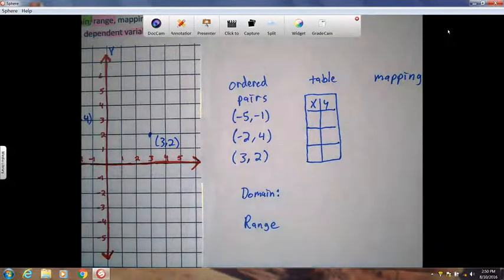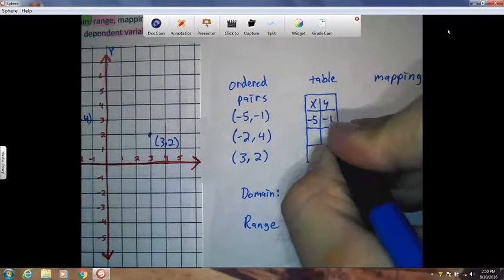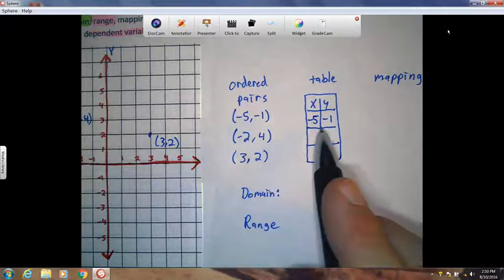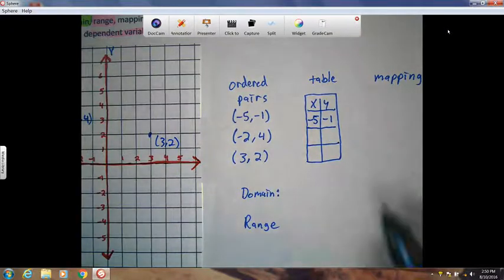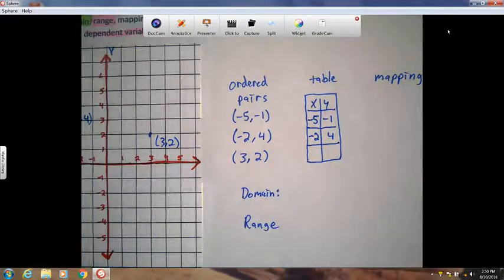So here's my table. So to take these ordered pairs and put them in a table, I just do this. So there's -5, -1. Here's -2, 4. And 3, 2. So that's putting them in a table.